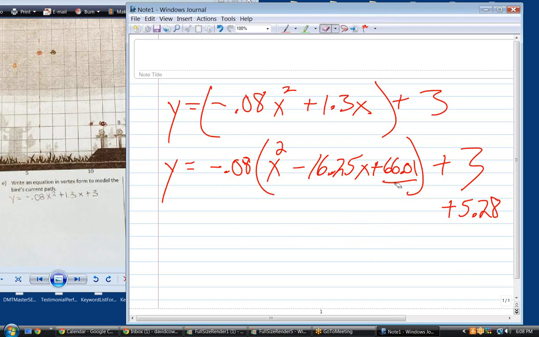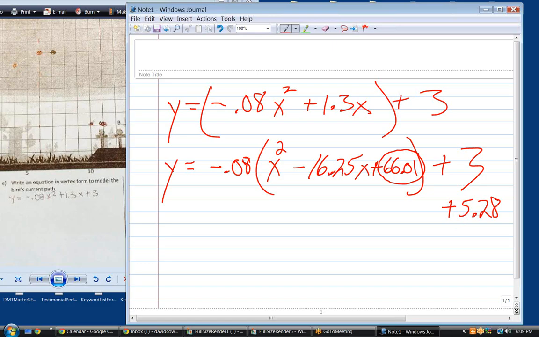Now it's important you see why we did that. When I arbitrarily wrote that number in there, what I was really doing to the right side of the equation was taking 66.01 and multiplying it by negative 0.08. So I was really subtracting 5.28 from it.